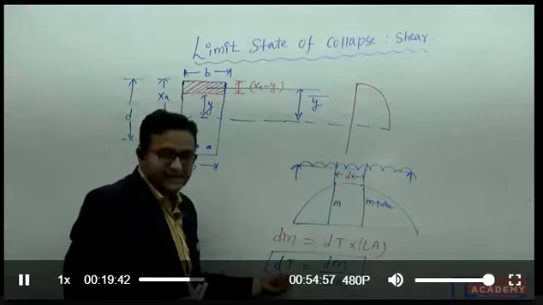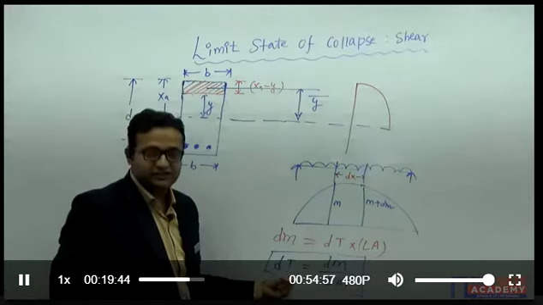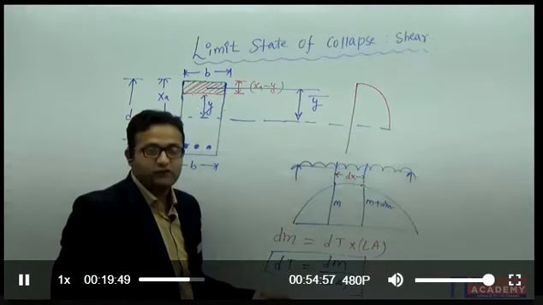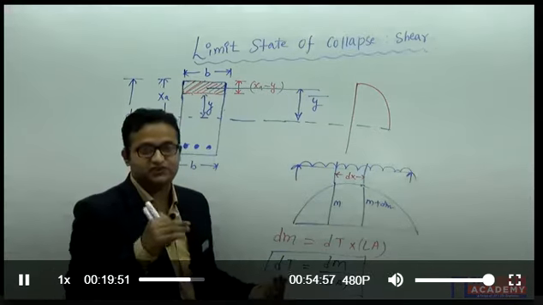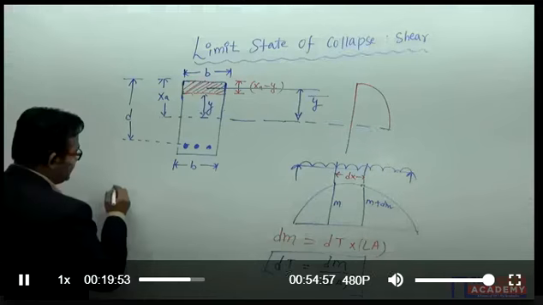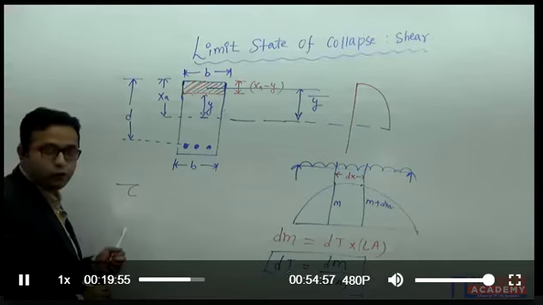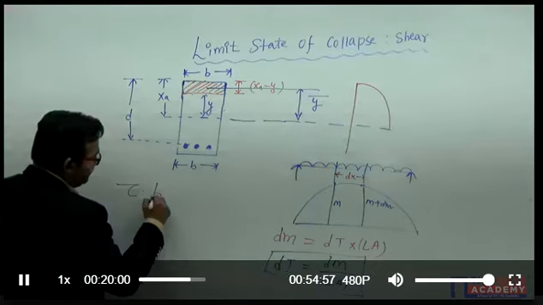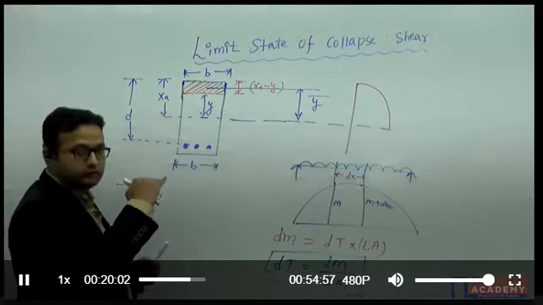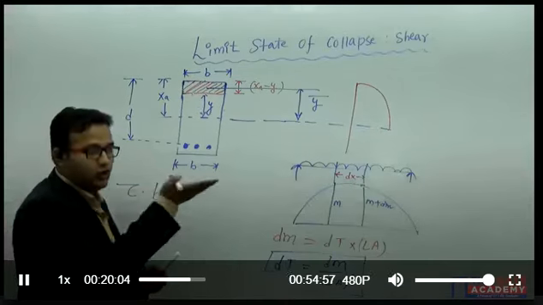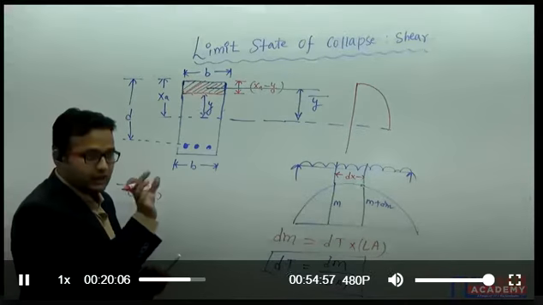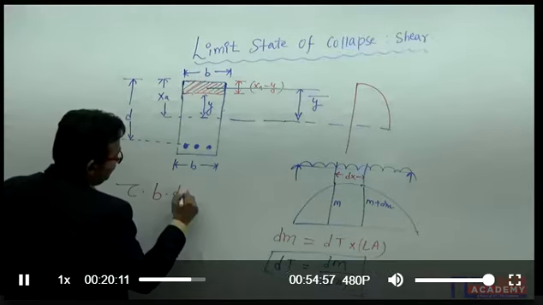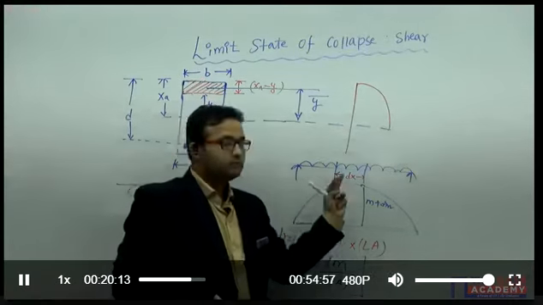And I told you this dT will be taken by shear stresses. This additional tensile force will be equal to the shear force, the shear stresses. So suppose the shear stress acting below the neutral axis is tau. The force will be acting along the length of the beam, and the width available is b, and the dx distance I have taken here, right?